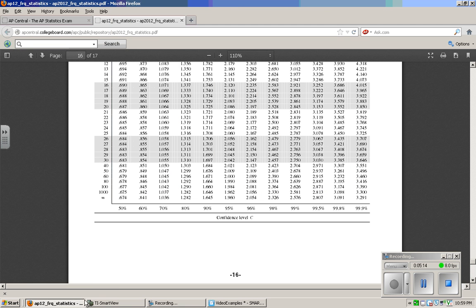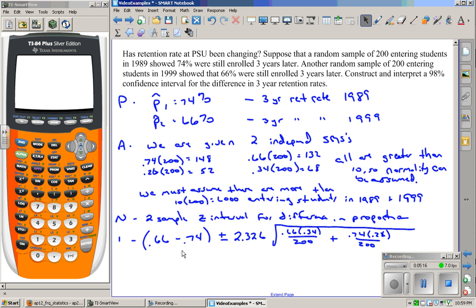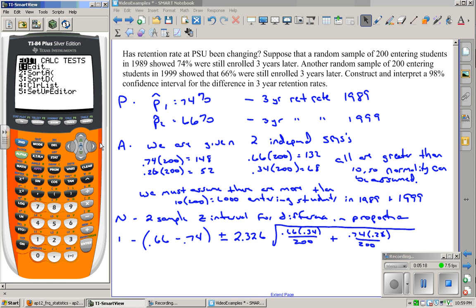Okay, so now I'm going to go to my calculator, and I'll go to Stat, go over to Tests, go down to the two-proportion z-interval. Now it's asking you for x1. We can't put in 74%. We have to make that number switch.